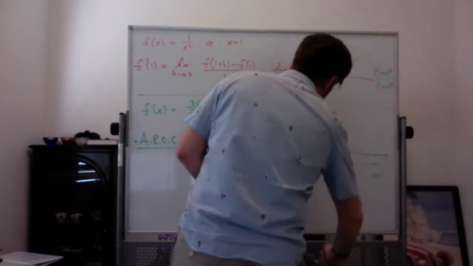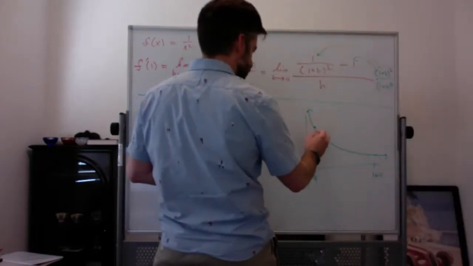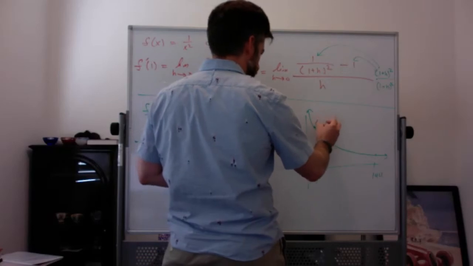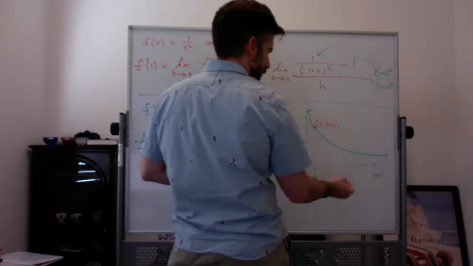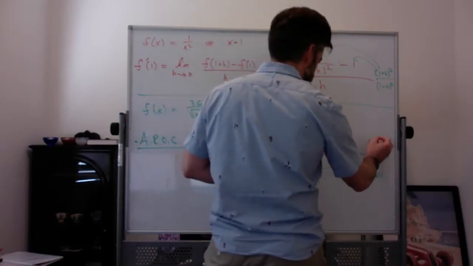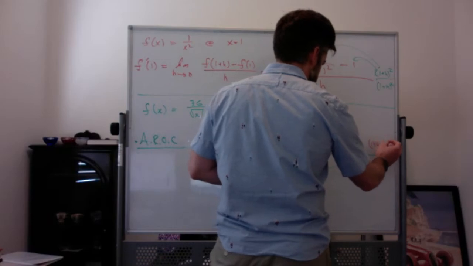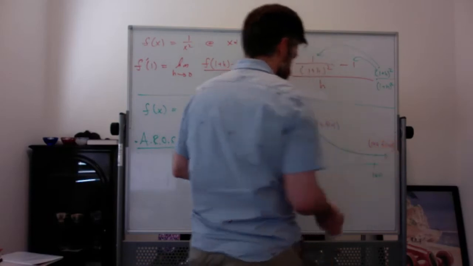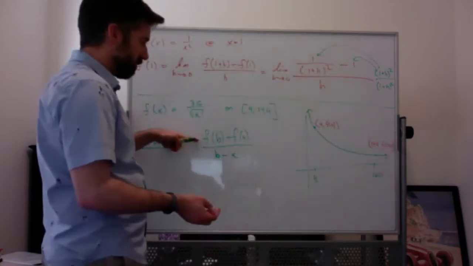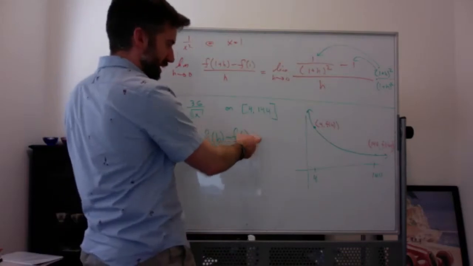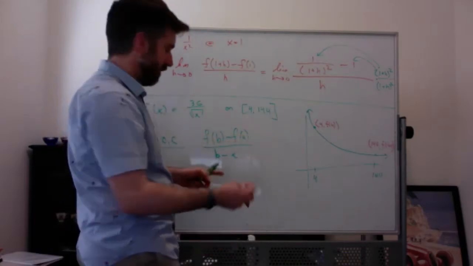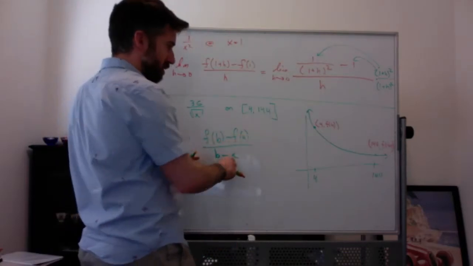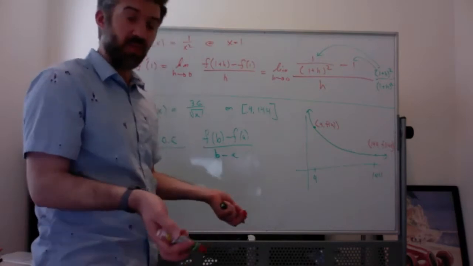But here's the thing. This point here is the point 4 comma f of 4. And this point here is the point 144 comma f of 144. So when I calculate f of 144 minus f of 4, that's the difference in the y's, divided by 144 minus 4, the difference in the x's. I've got the change in y over the change in x.